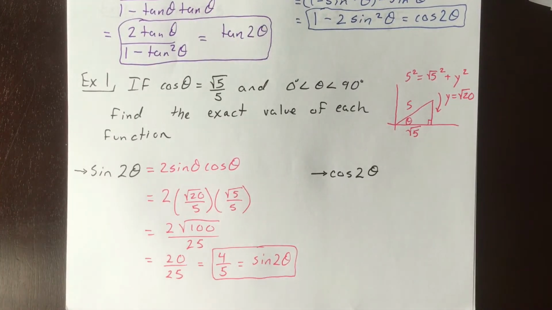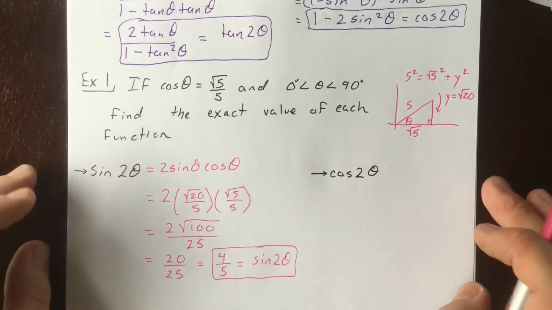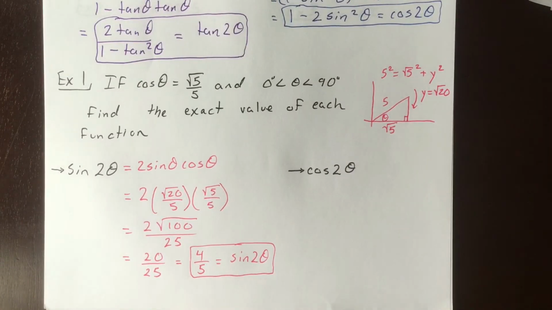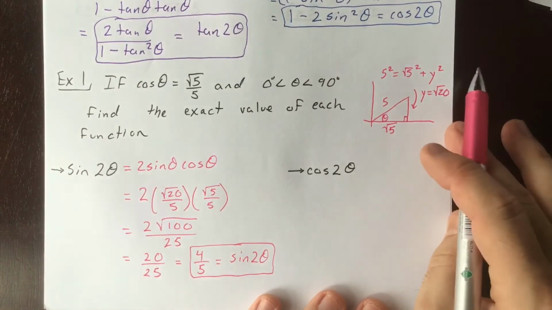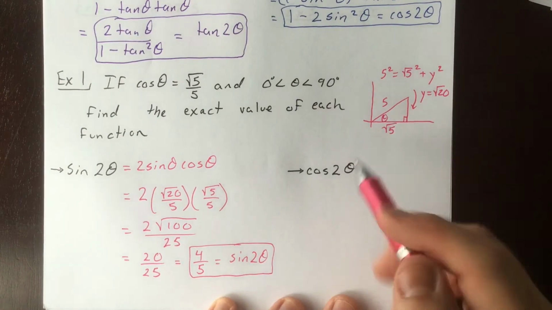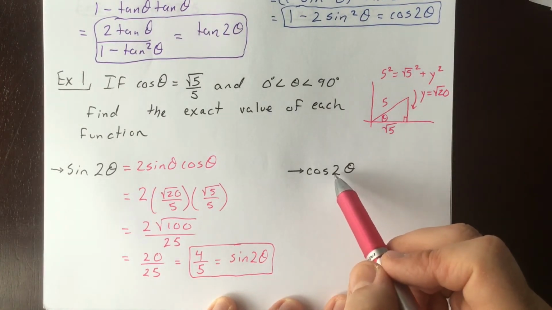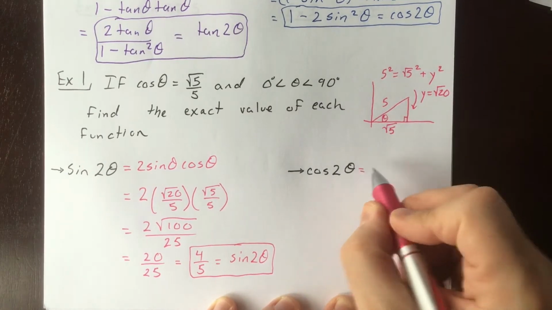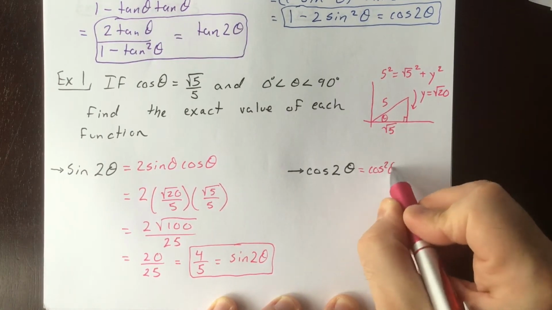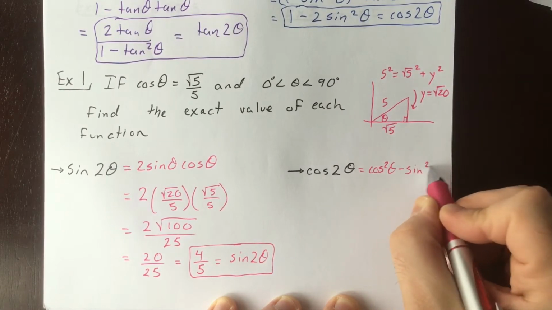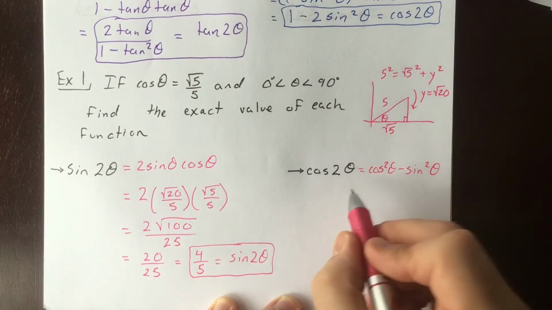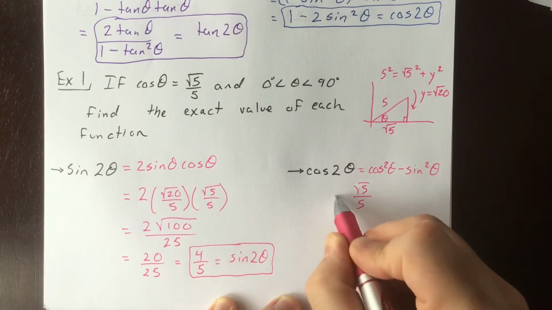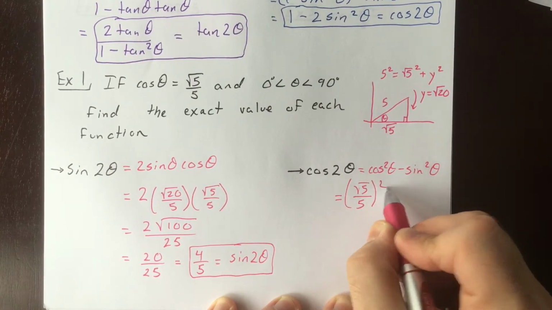All right, so let's see what we got for cosine of 2 theta. This is the easiest one to have known: cosine squared minus sine squared, so we'll use that one. Cosine squared theta minus sine squared theta. Cosine is square root of 5 over 5, so we square that.